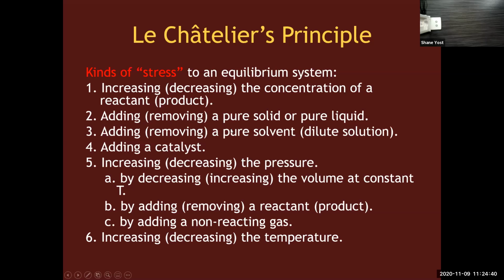Other potential types of stress are removing or adding solids, adding some type of catalyst, changing the pressure by changing volume or other such things, adding a non-reactant gas, or changing temperature. So these are different types of things that can affect the equilibrium, okay?